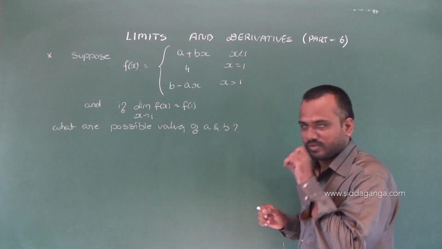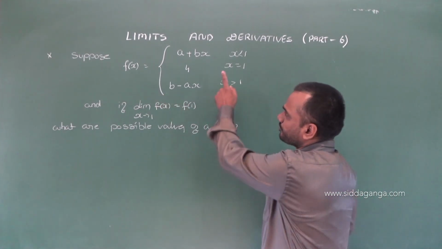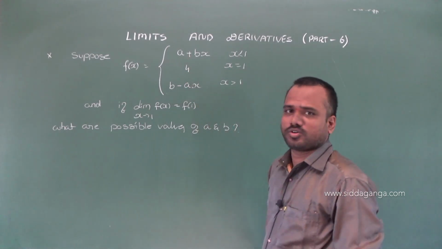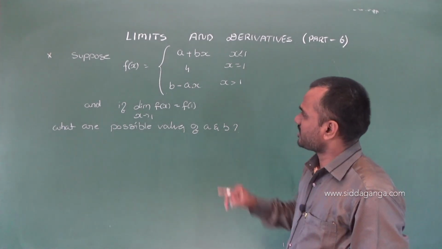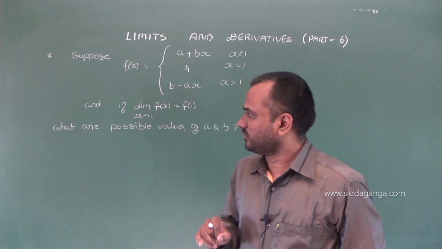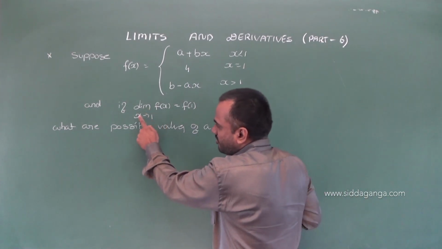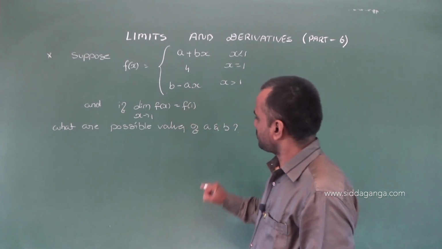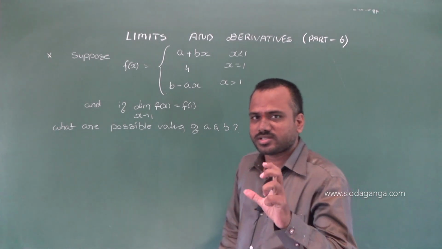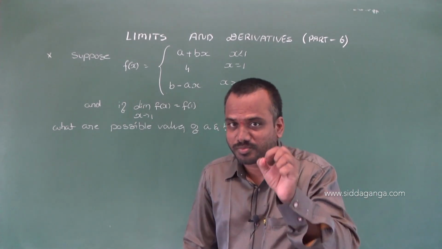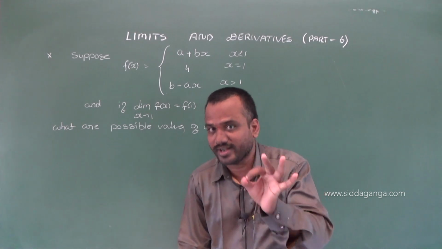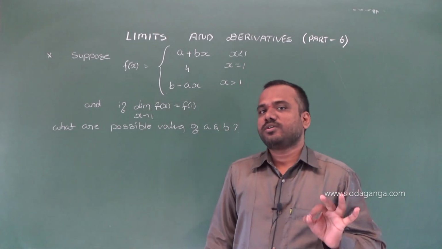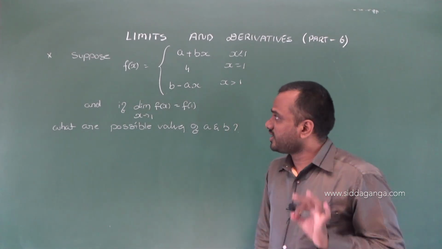Observe, he has given f of x: a plus bx for x less than 1, 4 for x equal to 1, and b minus ax for x greater than 1. One more condition he has given: limit x tends to 1, f of x is equal to f of 1. Under this condition, what are the values of a and b? In this problem we are going to find the values of a and b.